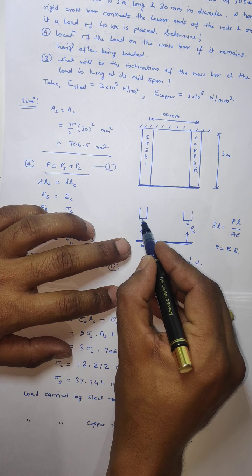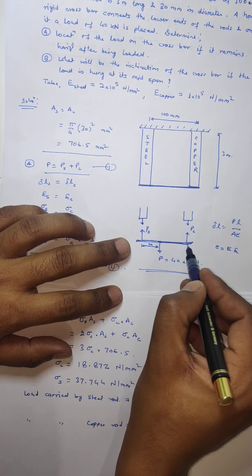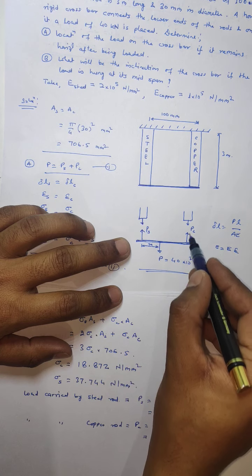Now see the forces acting on that crossbar. PS will be equal and opposite to that which is acting on the steel rod, and PC is like that.